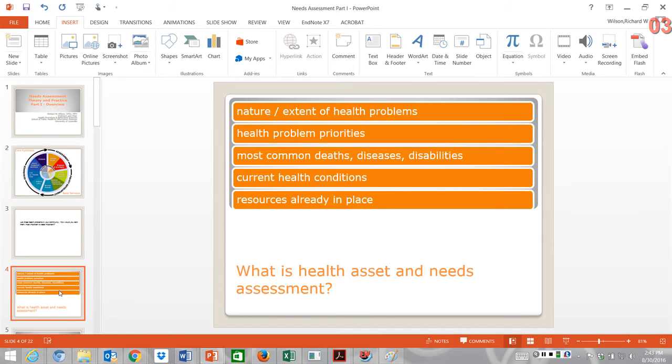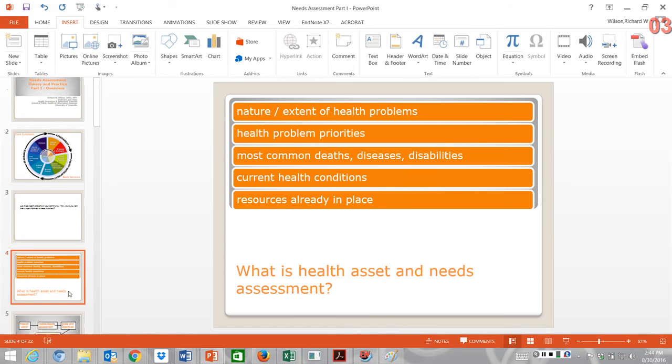We want to know what's the nature and extent of health problems in our community, and which ones should be priorities. We want to know the most common causes of death, disease, disability, and so on. But notice the last one: we also want to know what resources are in place that we can use and build on to improve health status where we live.